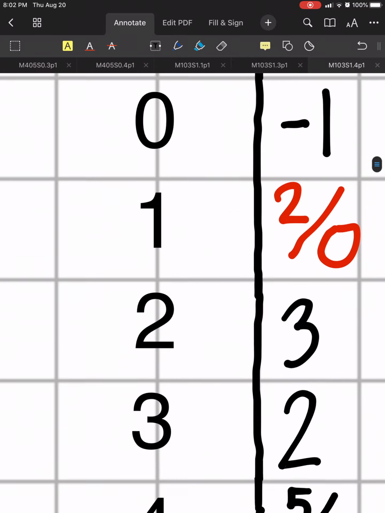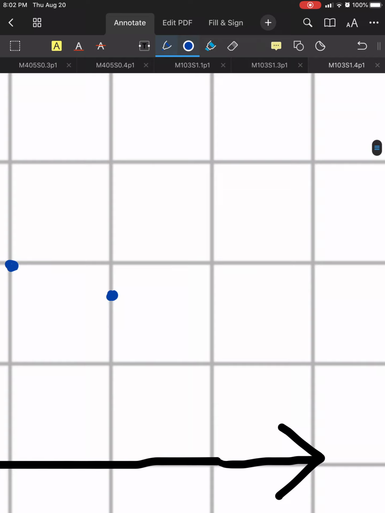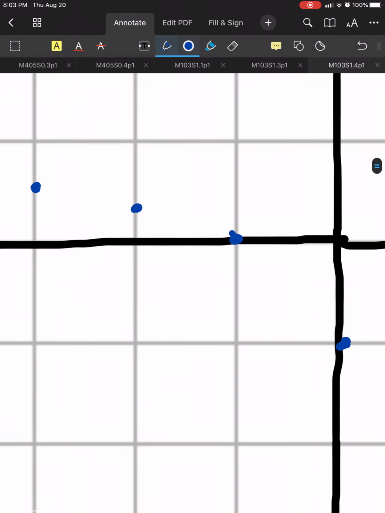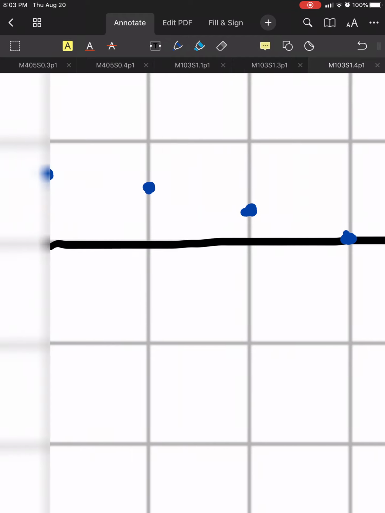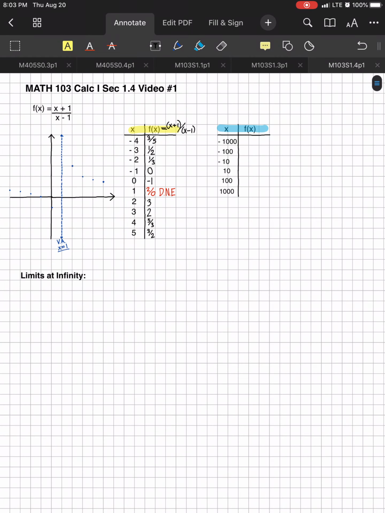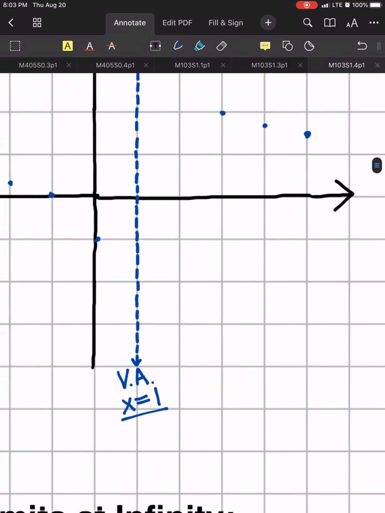The next one is 5, 3/2, which is 1 1/2, which puts us right about here. Okay, let me make sure all these points are big enough to see. That looks good.